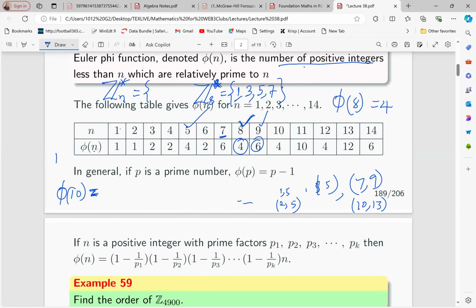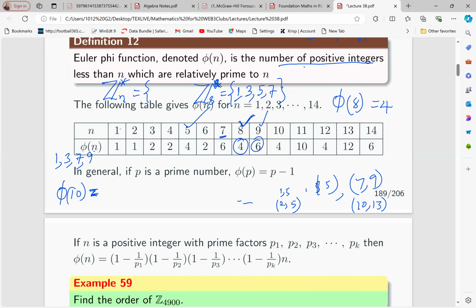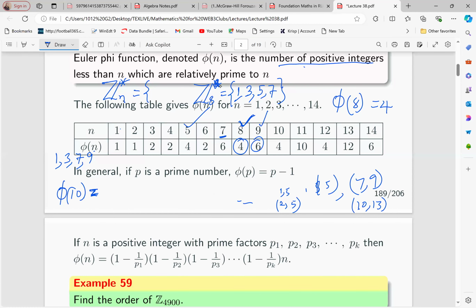Those numbers are 1, 3, 7, and 9. So there are 4 numbers which are relatively prime to 10.